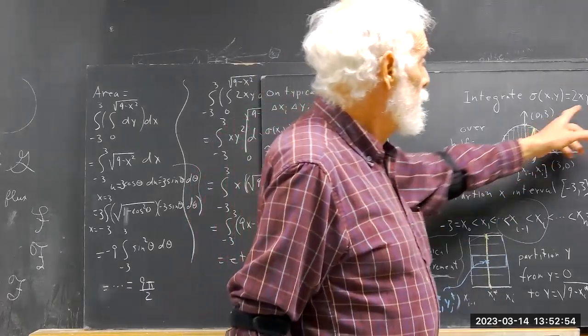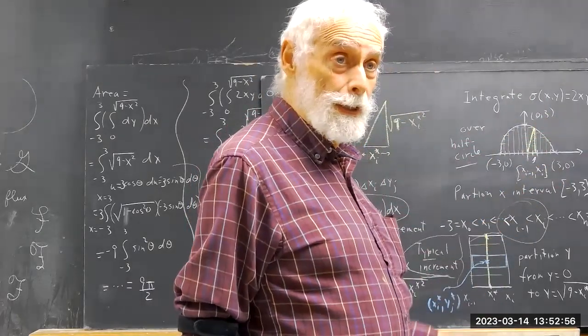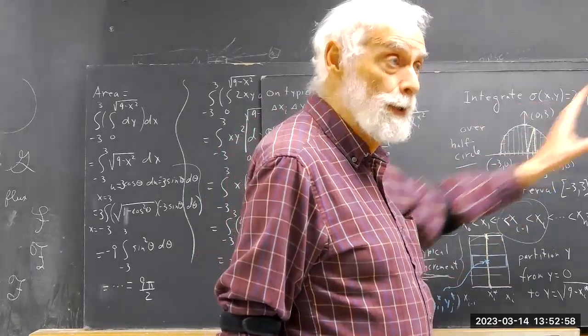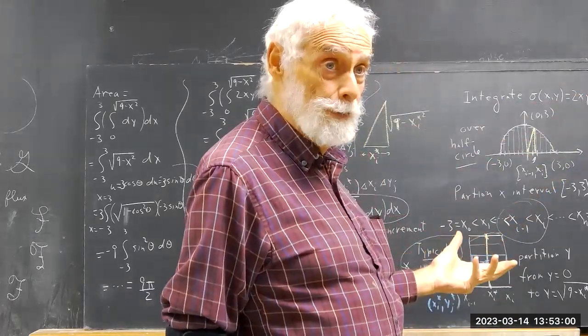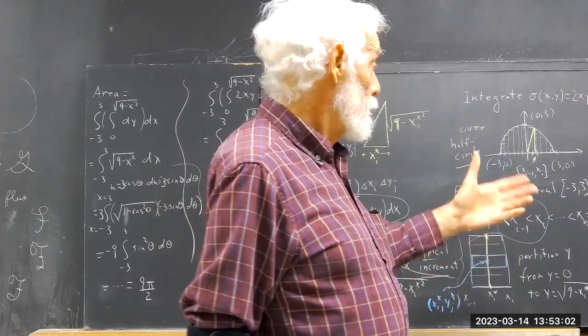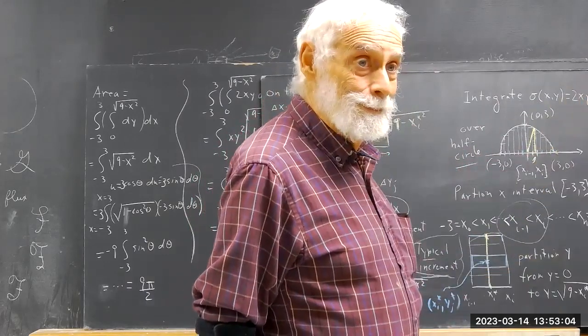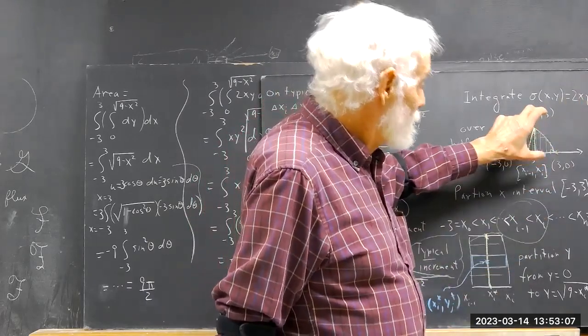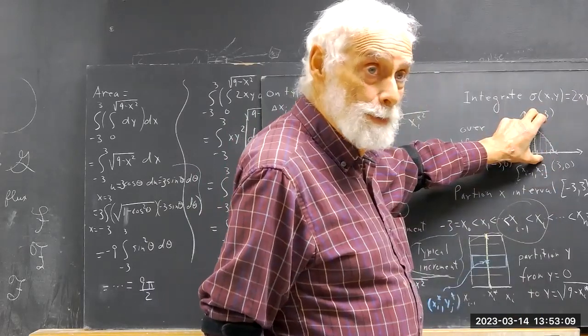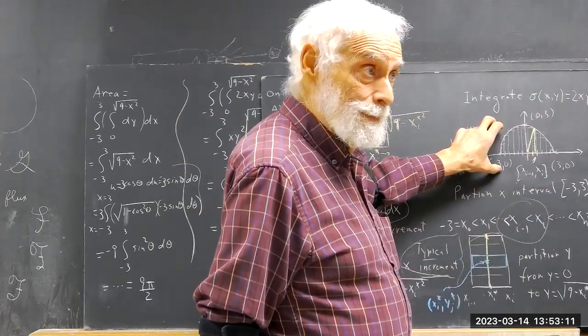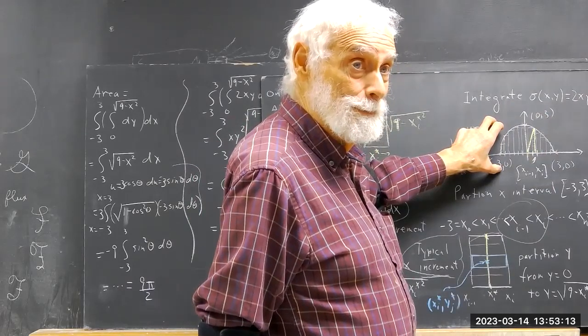Because 2xy is symmetric with respect to the y-axis. It's above the y-axis on this side, below on this side with equal and opposite values. So if you did that as a surface, you'd have an equal volume on this side and this side, but this would be negative. Okay.